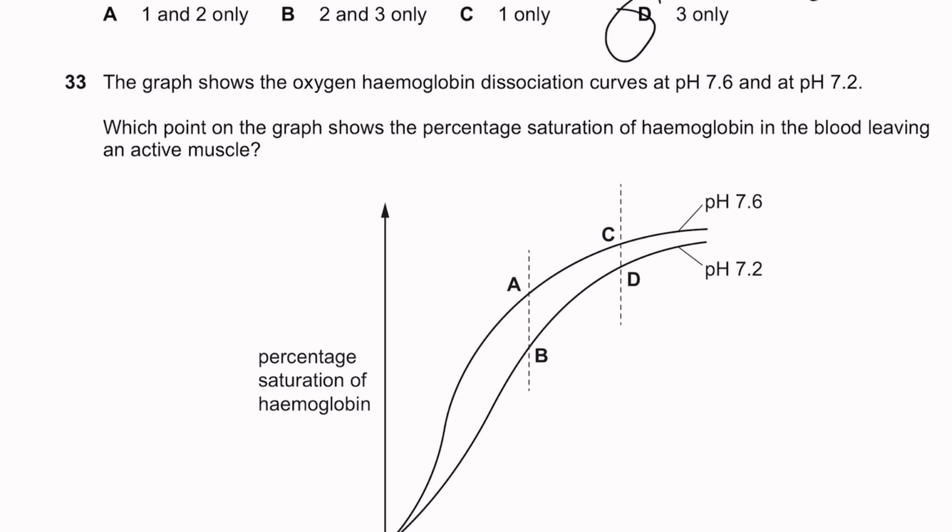Carbon dioxide is going to undergo the Bohr effect in the red blood cell, hydrogen ions are going to be produced, and carbonic acid is going to be formed, and of course carbonic acid is going to reduce the pH, so obviously the pH is the lower one. Now, what is the partial pressure of oxygen? You can have a lower partial pressure of oxygen in the muscle because they are aerobically respiring, using up this oxygen, hence the answer is B.